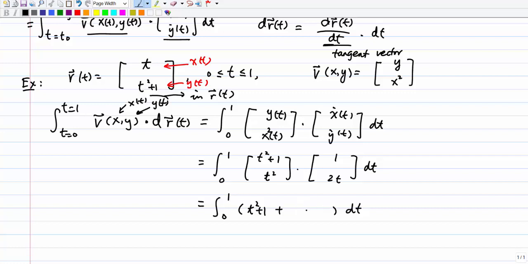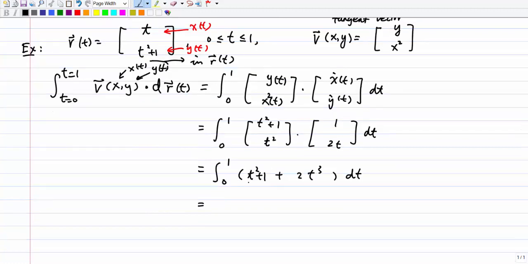This is just replaced by 2t cubed. So we integrate each term individually. The integral of t squared is t cubed divided by 3. The integral of 1 is t. The integral of 2t cubed is 2 times 1 over 4 times t to the 4, which is 1/2 t to the 4. And then you evaluate that from 0 to 1.